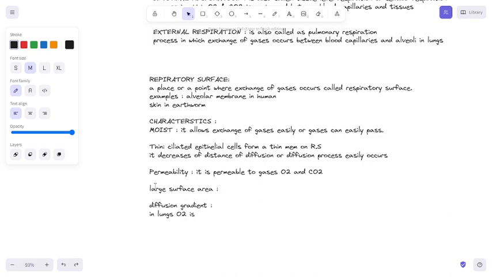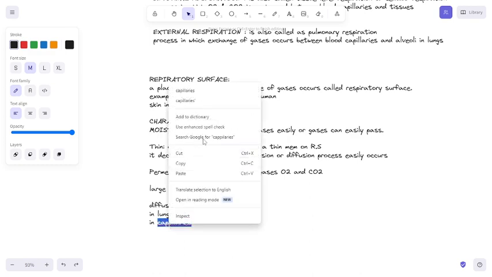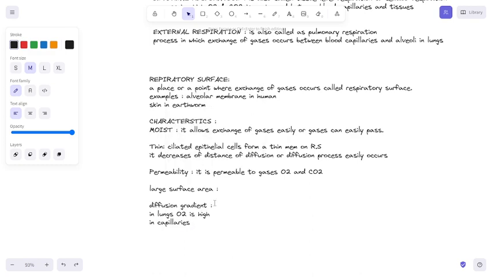O2 is high in the lungs. And if we relate to the capillaries, in the capillaries we have more CO2. CO2 is high.